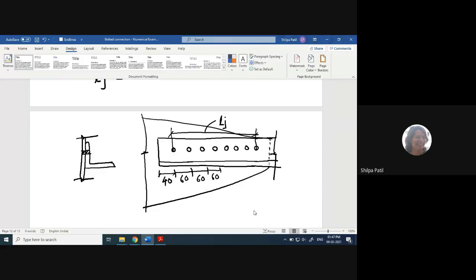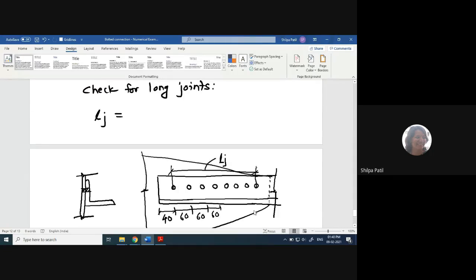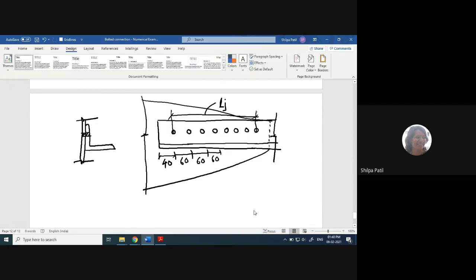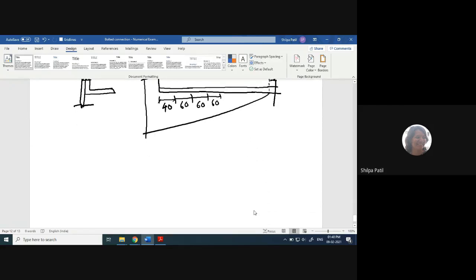So how many times 60? 1, 2, 3, 4, 5, 6, 7. 7 times 60, so 7 multiplied by 60 is 420. The total length is 420 mm for the joint.